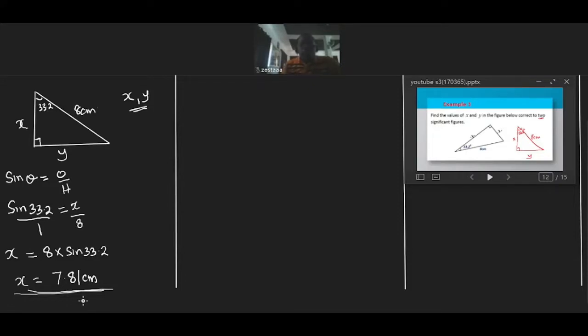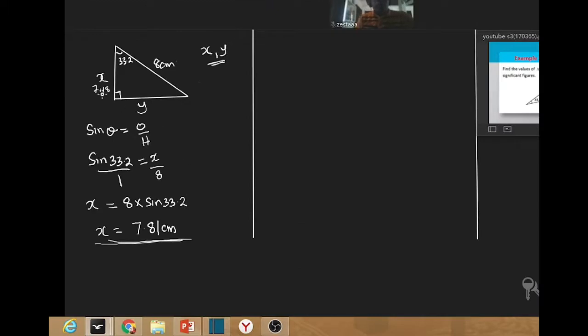Moving on, now that we know our x, our opposite, and we have our hypotenuse, we can use the Pythagoras theorem. Please have the theorem with you. The hypotenuse squared is the opposite squared plus the adjacent squared.